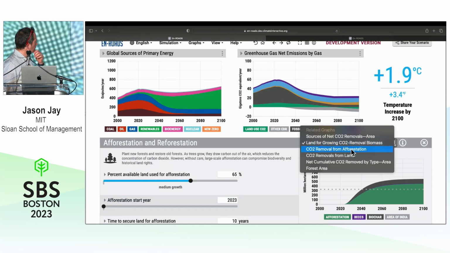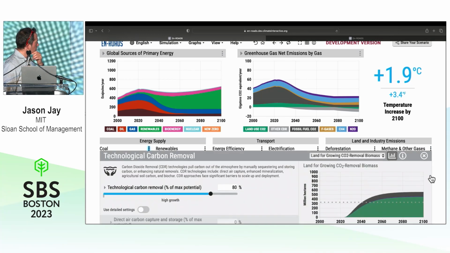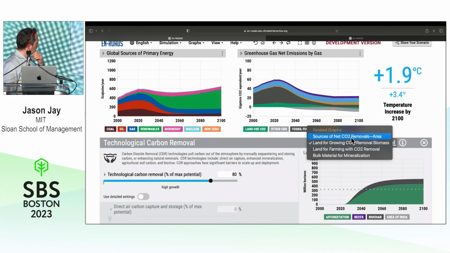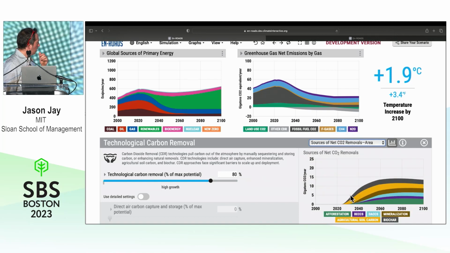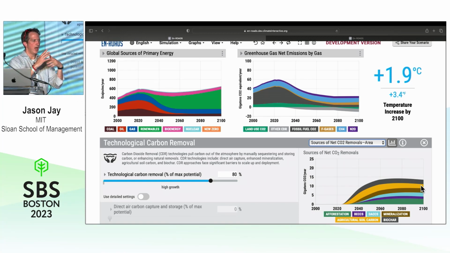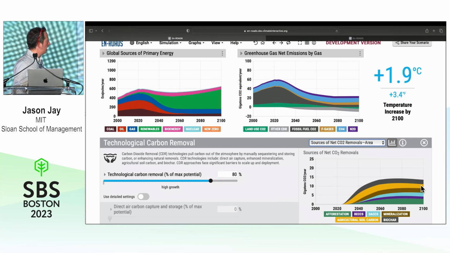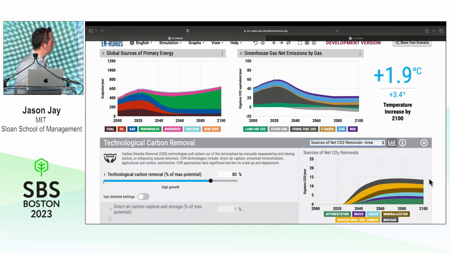For example, if we look at the CO2 removals on the technological side, this picture makes it a little bit hard to see, but this agricultural soil carbon ramps up as you get those practices in place, but then it actually decreases a little bit as the soil saturates and starts to off-gas. You can have similar issues as the algae get eaten by microorganisms that respire and put the CO2 back in. So the permanence of that, depending on how you do it, may or may not be there.